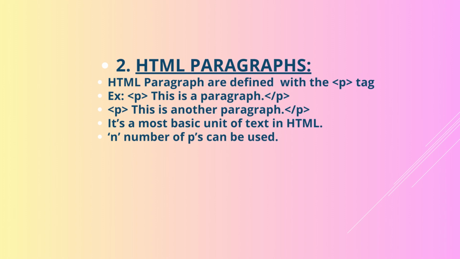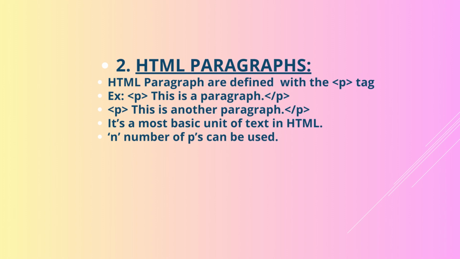Next we can see the HTML paragraphs. HTML paragraphs are defined with the p tag. The p tag in HTML defines a paragraph. It has both opening and closing tags, so anything mentioned within the opening p and closing p is treated as a paragraph.